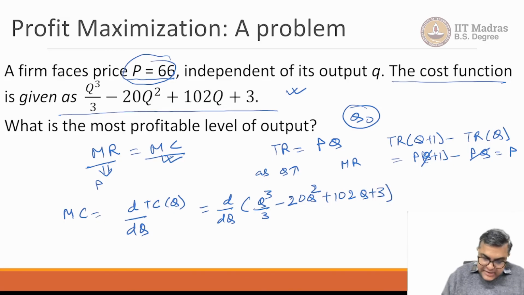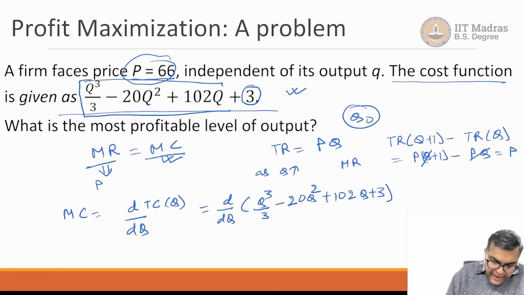If you want to notice what we had studied earlier, P is the fixed cost and this component is the variable cost.